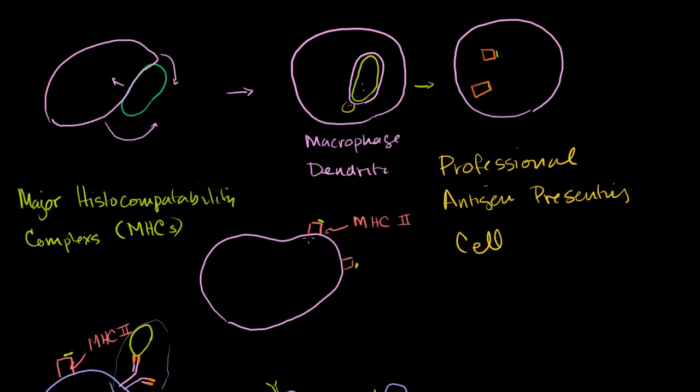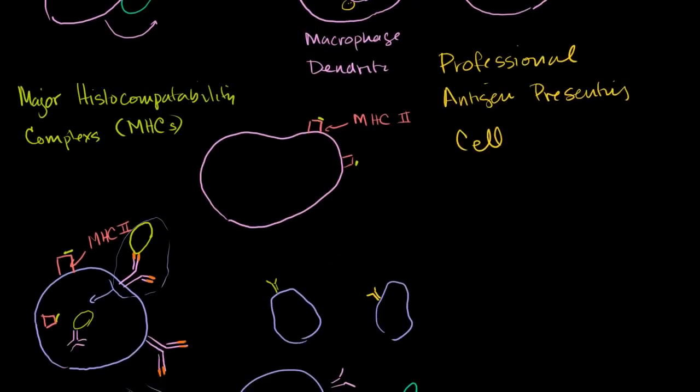And the antigen in question is this little piece of the actual thing that you're trying to track, the little actual part of the pathogen. So it's presenting the antigen. It's professional because it takes pathogens from outside of our cells, in the fluid of our system, and then engulfs them, breaks them up, and then presents them.